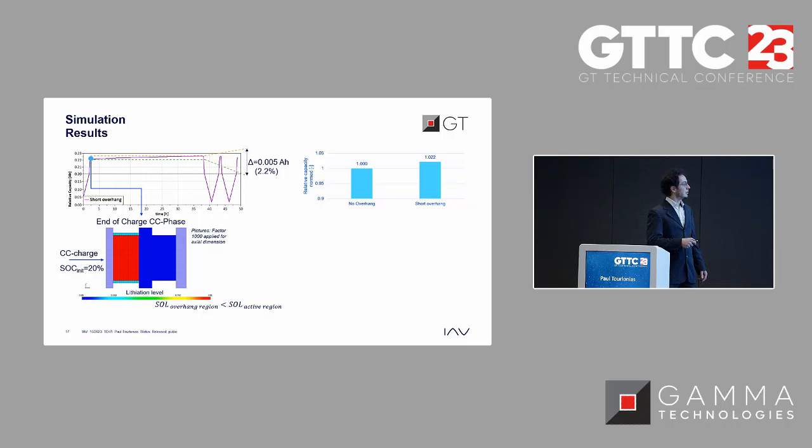we have the charging phase, which is finished. So the anode is full, the active region of the anode is full, and the anode overhang region has about the same level as at the beginning of the simulation, so about 25%, 20% SOC, and the positive electrode is empty.